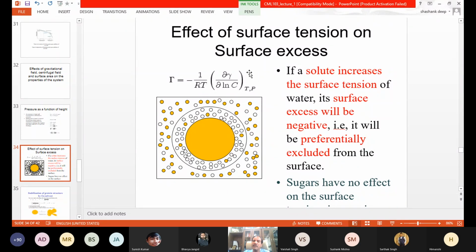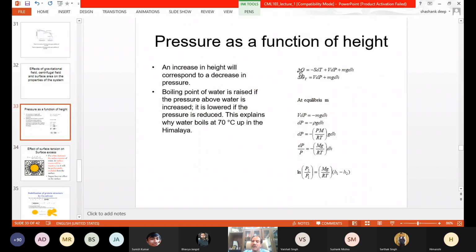It tells you the effect of surface tension on surface excess, with concentration. I will not go into detail, but the idea is to tell you that it is quite simple. At equilibrium, this will be 0. And so you can look at the effect of other things on boiling temperature or vapor pressure. That's why the scope of thermodynamics is unlimited.